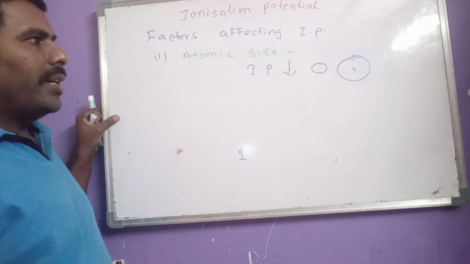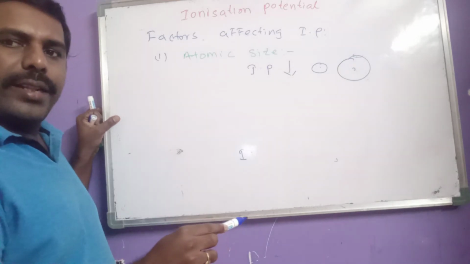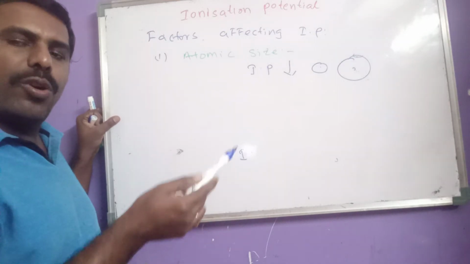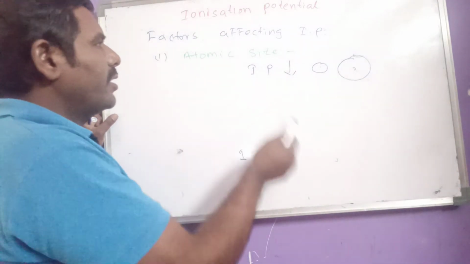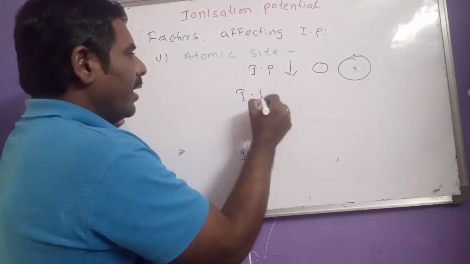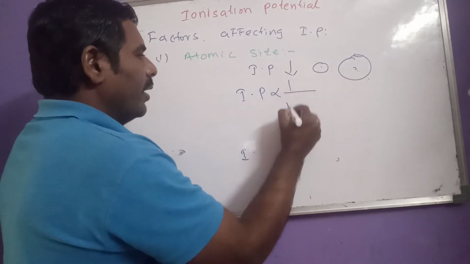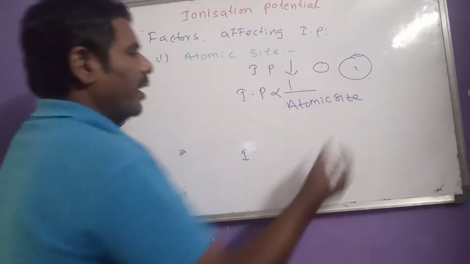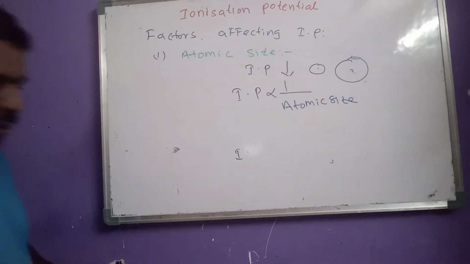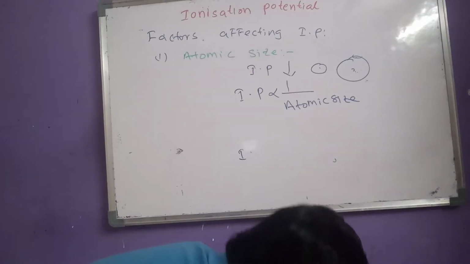So ionization potential is inversely proportional to the atomic size. This is the first factor which affects ionization potential.